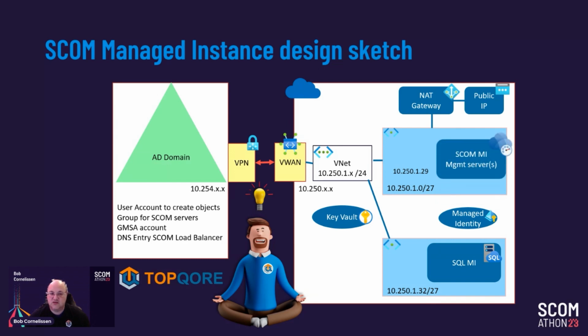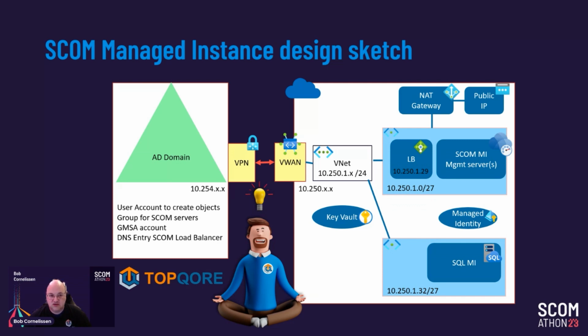So the wizard will install for you a virtual machine scale set with one management server in it, which you can later scale out to more, but it will start with one. And it will put a load balancer in front of it. That load balancer will get that IP address that you already assigned before.